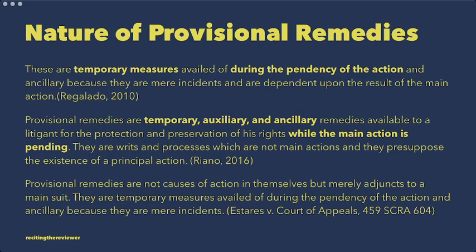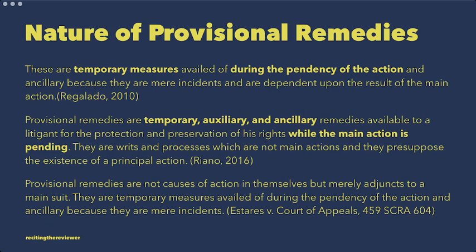Provisional remedies, according to the reviewer of Riano in 2016, it is said there that they are temporary, auxiliary, and ancillary remedies available to a litigant for the protection and preservation of his right.